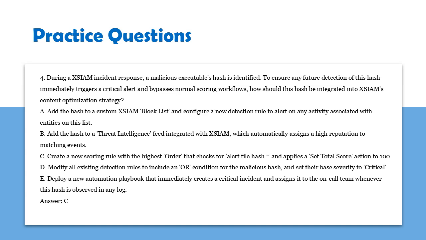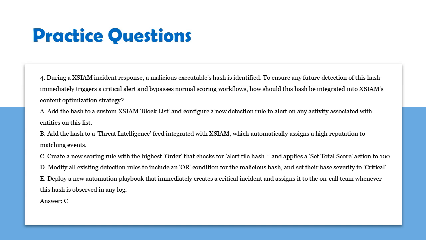B. Add the hash to a threat intelligence feed integrated with XSIAM, which automatically assigns a high reputation to matching events. C. Create a new scoring rule with the highest order that checks for alert file hash equals and applies a set total score action to 100.